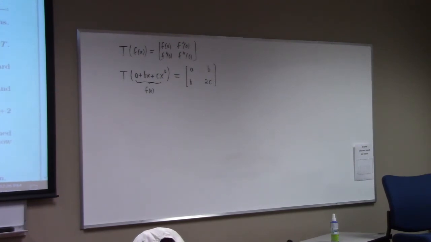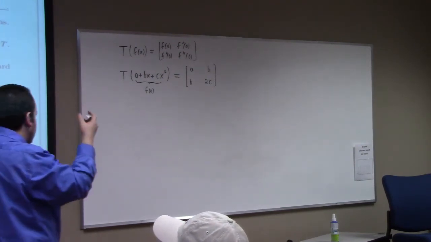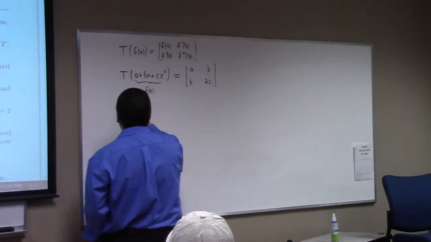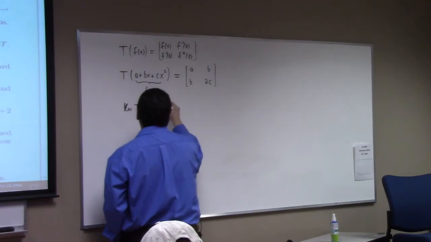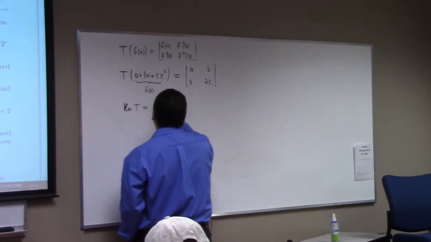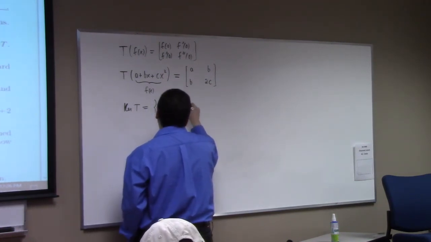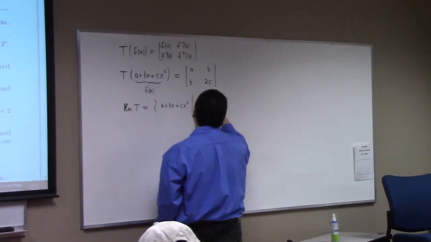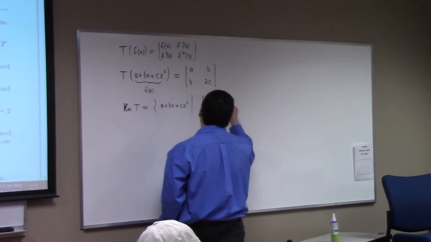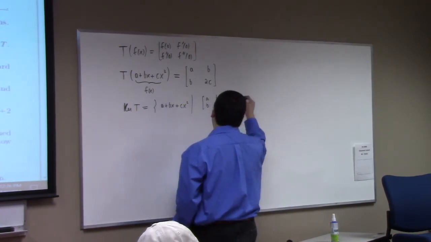All right. So let's start with the kernel. What's the kernel here? Kernel of T is what? So we're looking at a plus bx plus cx squared such that a, b, b, 2c is equal to the 0 matrix, right?